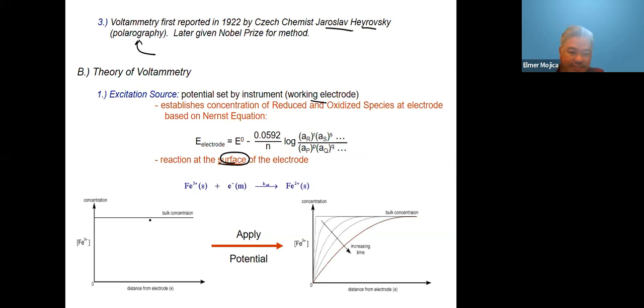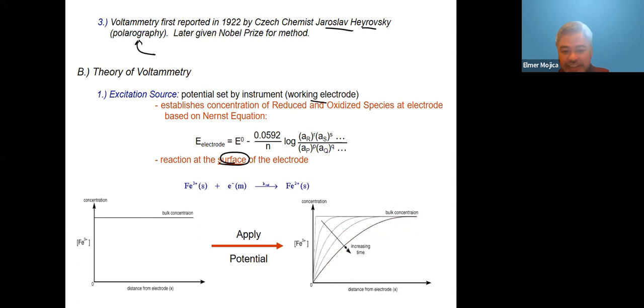So for instance, you try to monitor the concentration of your Fe3+ in the bulk concentration, you apply the potential. So what will happen? Do you follow the changes that you have here?